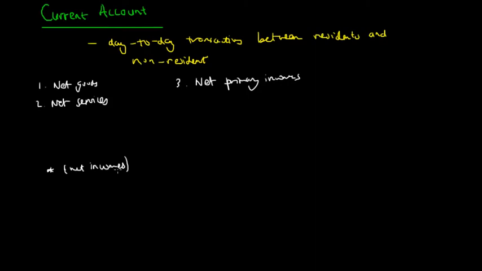So this is the difference between the value of income credits received from overseas such as wages, salaries, interest, and dividends.